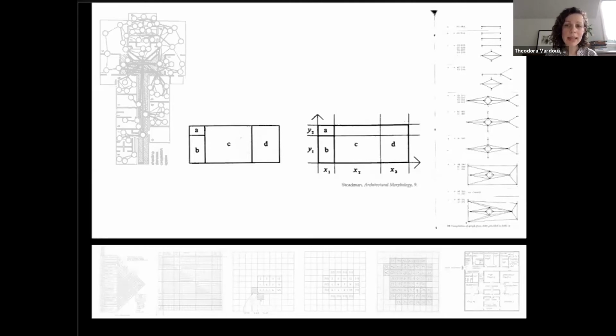So in floor plans, the dimensionless shape was achieved by abstracting the floor plan as rectangles packed within rectangular boundaries. So you see, again, these are very abstract schematic representations, but in a way that speaks to the spirit of the work that was being done at the time. Here on the left of the screen, you see the outline of a building shown as a rectangle, and then the rooms are just shown as dissections of that rectangle into smaller rectangles.